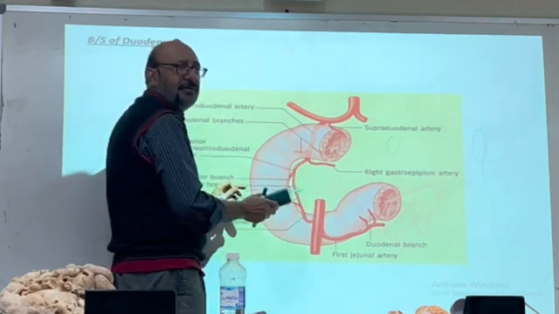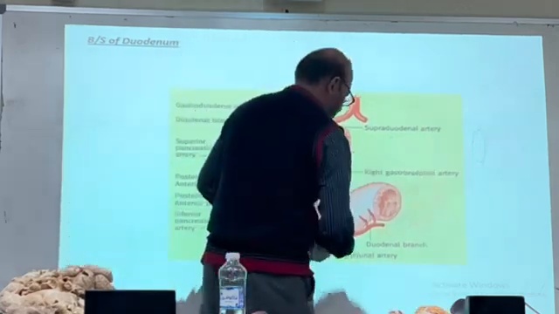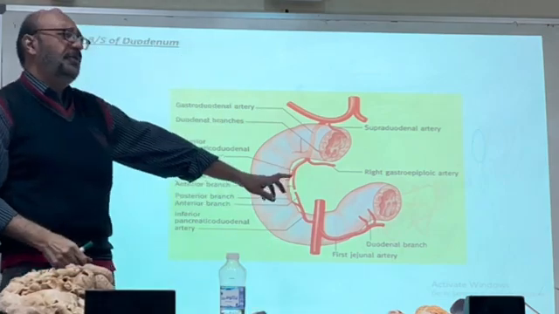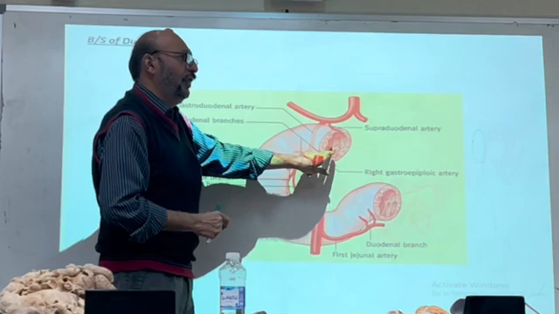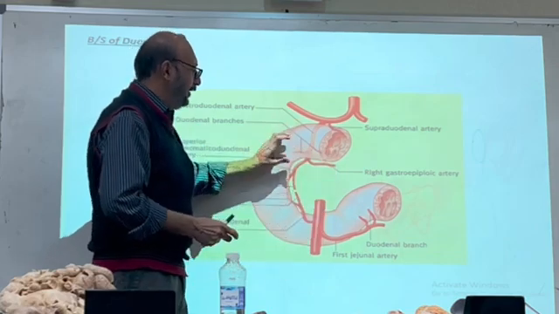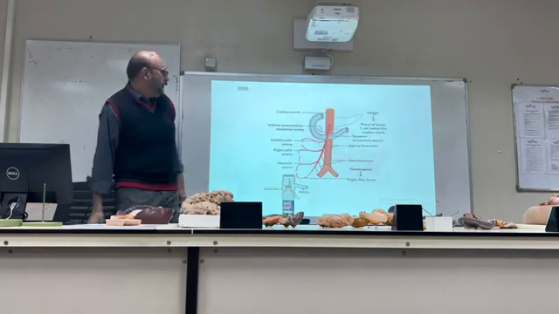Am I clear at this point? Yes. You have a question? This is how we have anastomosis between two big vessels of the foregut and midgut.